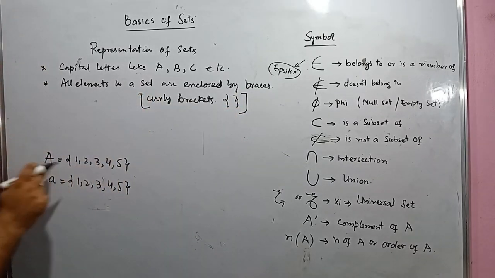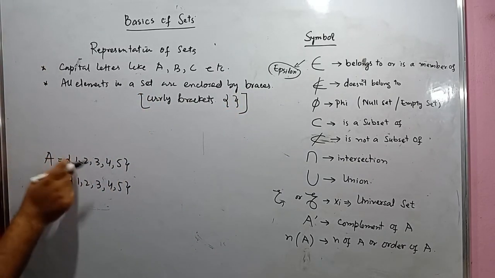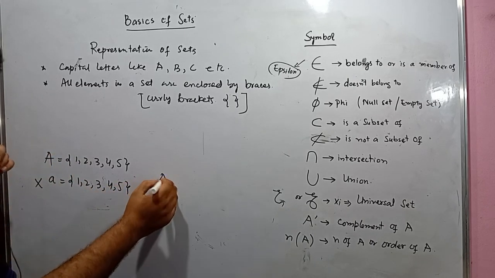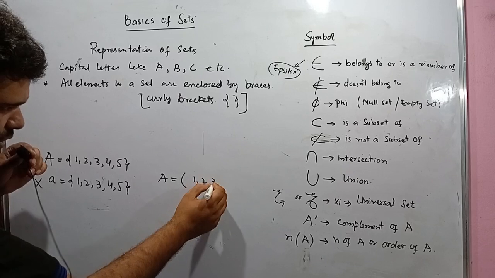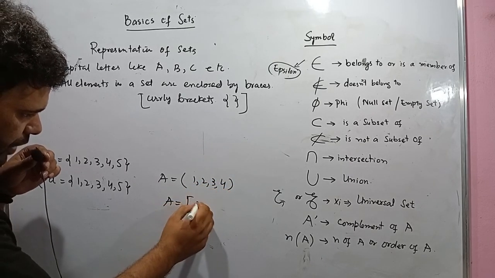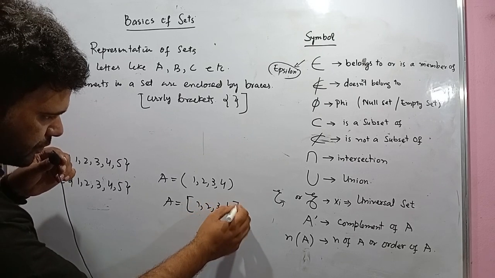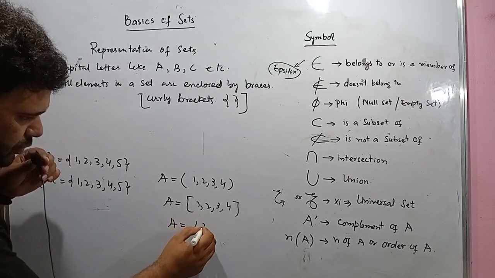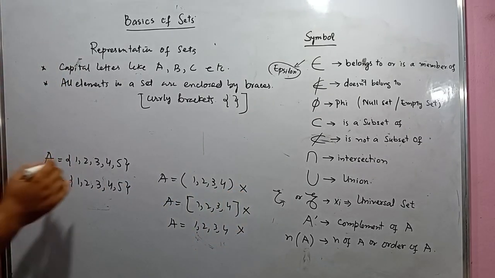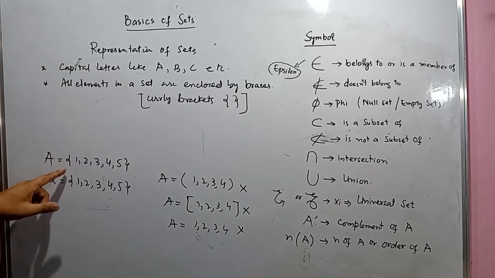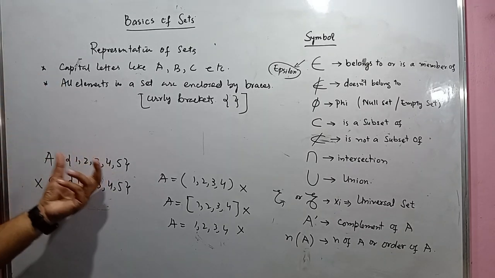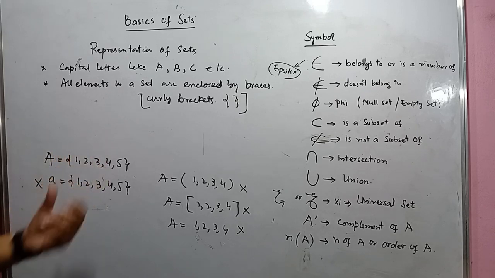So we should remember all the elements in a set are enclosed by curly brackets. If I write A equals 1, 2, 3, 4 with no brackets, or with square brackets, these are all incorrect ways, because we should write all the elements within curly brackets.